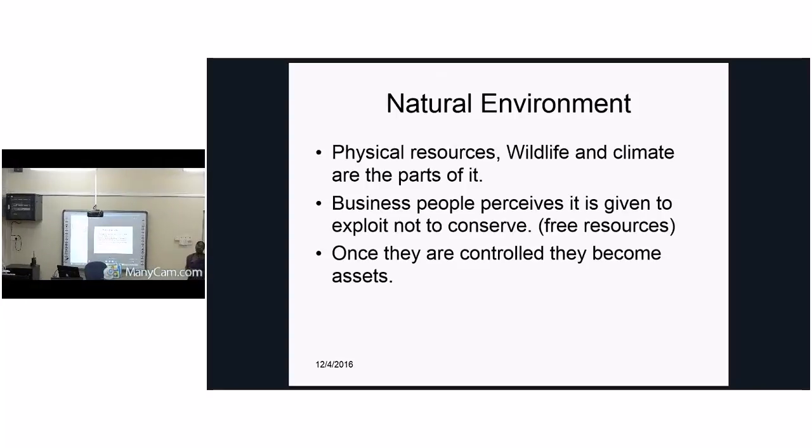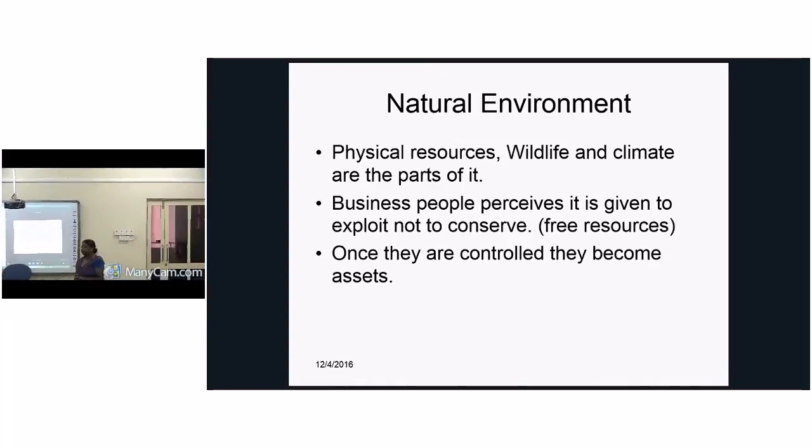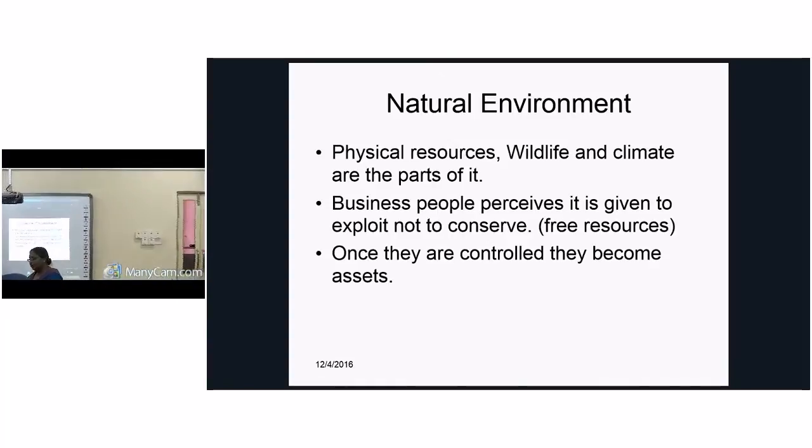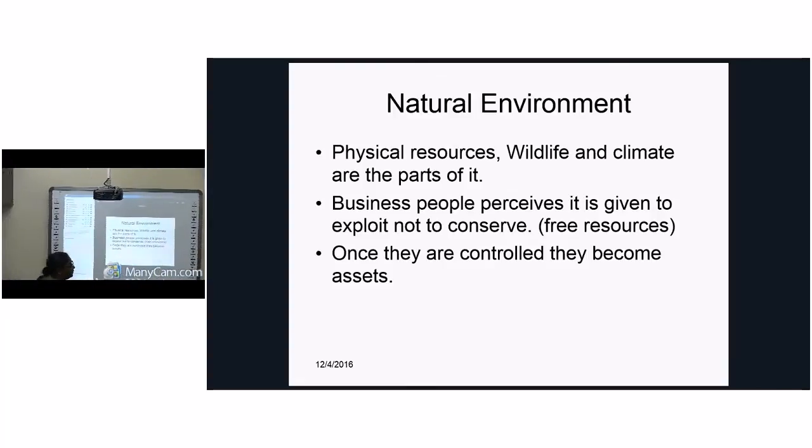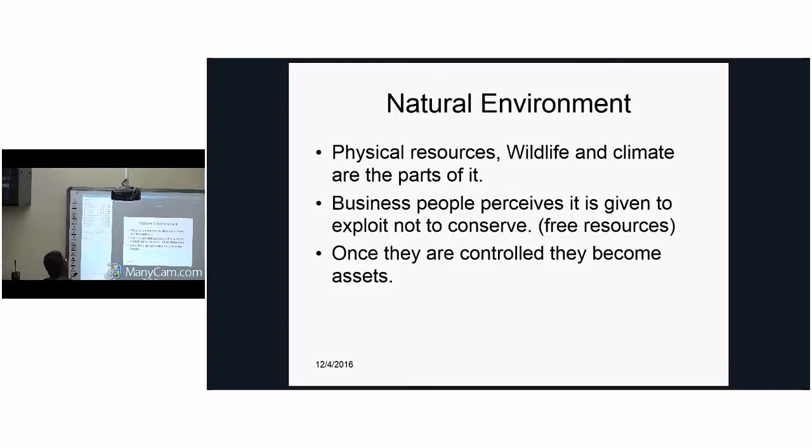That is a very unethical thinking. We normally think that the natural environment is to exploit, not to conserve. That is the basic thinking of business people.